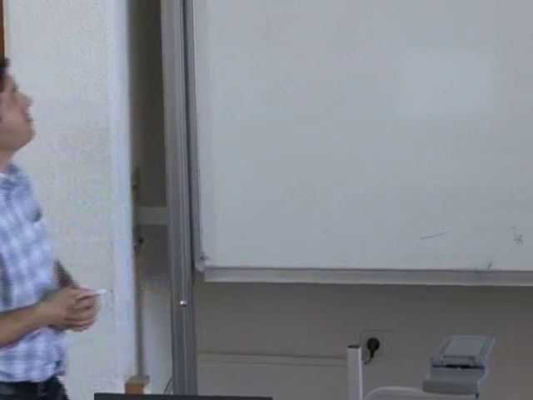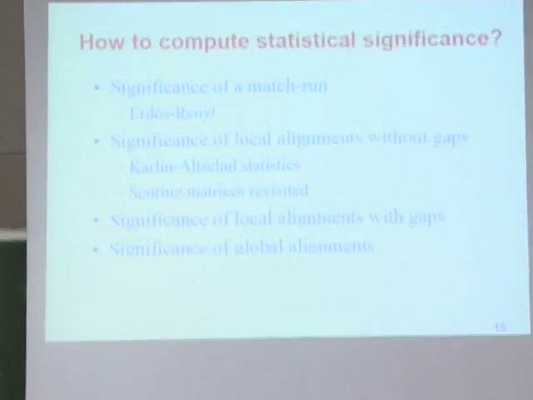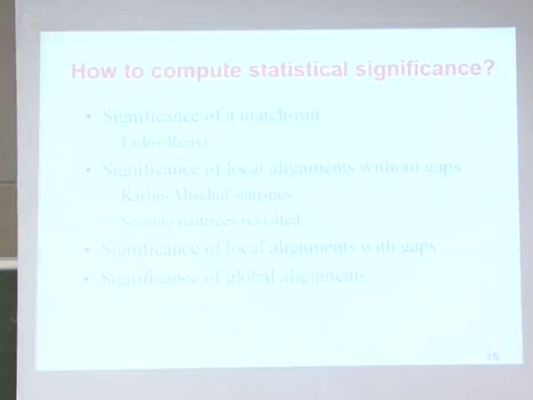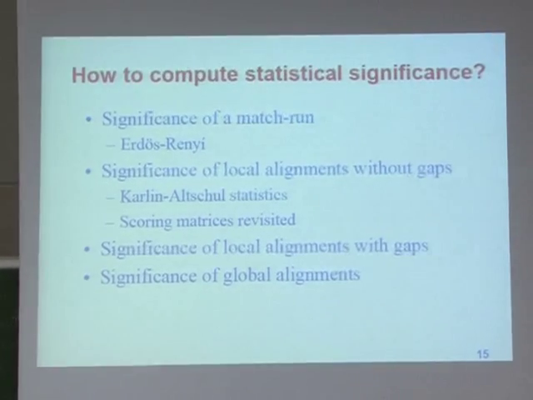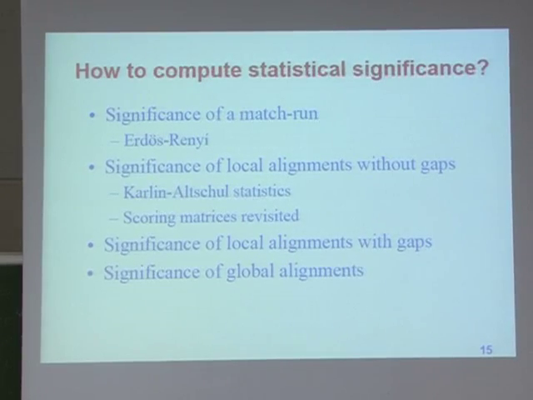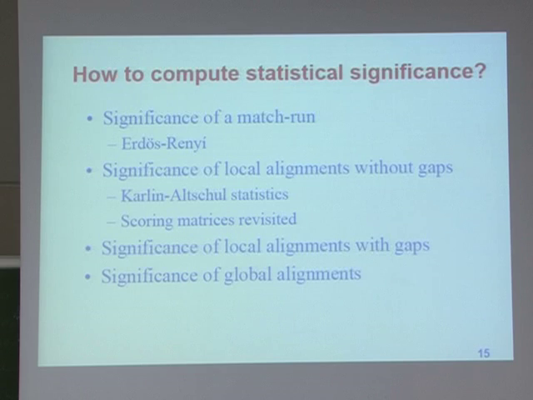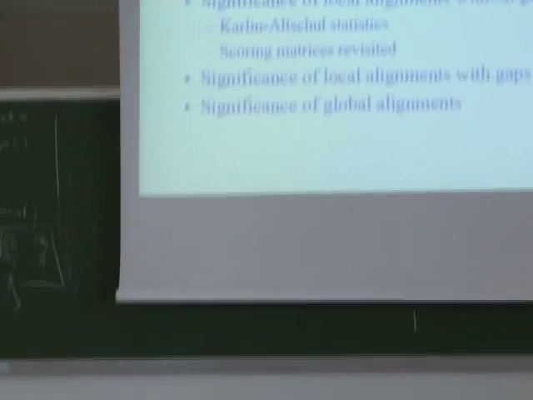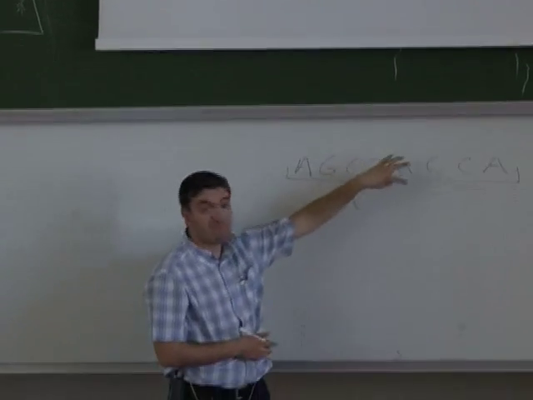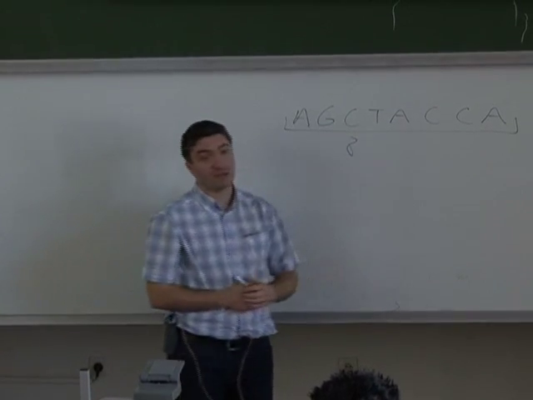Then the significance of this matching run was extended by Karlin and Altschul, who are also the developers of the BLAST algorithm. They computed the significance of local alignments without gaps. So they extended this matching run to include mismatches as well. If we have a scoring matrix, we can think about these matches as a certain score, and allow for mismatches within the run.